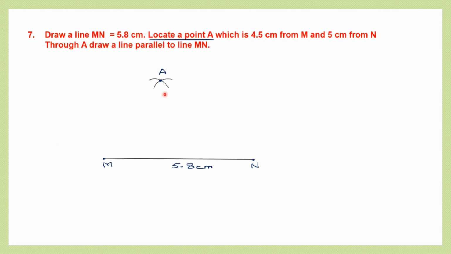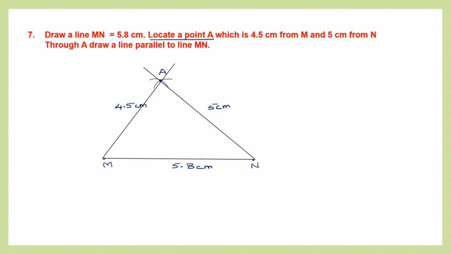But here we had to mark a point in such a way that we get all these measurements. So now let's draw these lines. So this is 4.5 centimeters, 4.5 centimeters, and we have one more here, and this is 5 centimeters.